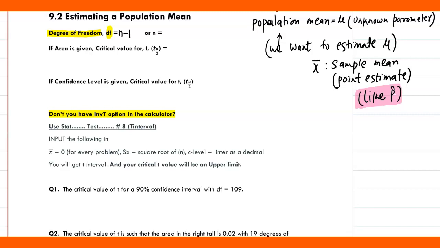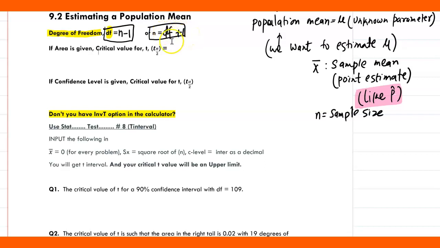If you subtract 1 from the sample size, where n equals sample size, you'll find degree of freedom. Or n equals degree of freedom plus 1, same thing but the other way around.